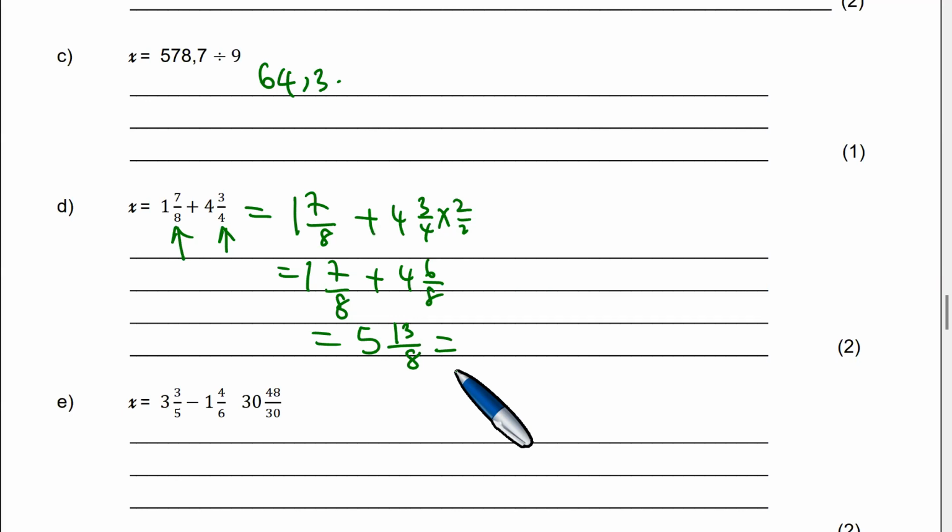It goes once. And then the remainder? 5, plus 1 is what? 6. Is that what you got?